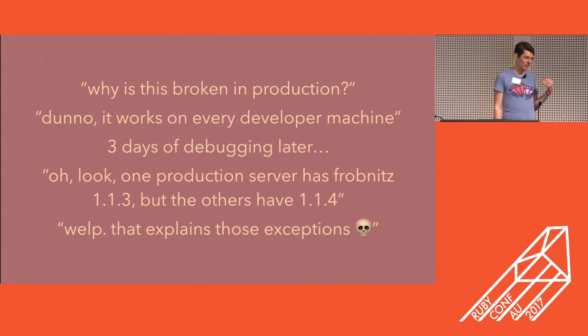This is a personal story from roughly 2008, where I spent 3 days debugging an exception that only happened on one production server and not any of the other 4 production servers, and didn't happen on any developer laptops. But one of those machines had literally version 1.1.4 of some gem because we built that box, I think 3 days later than the other boxes.